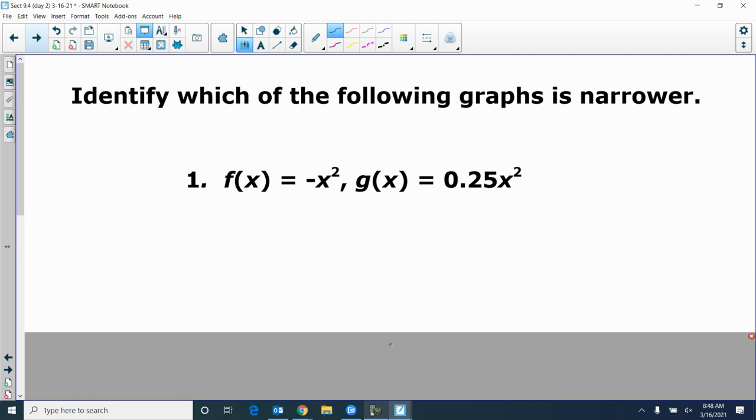Go ahead and do the first 6. It says 1 through 3 and 1 through 3. Stop when you get down to the graphs, like 13, 14.